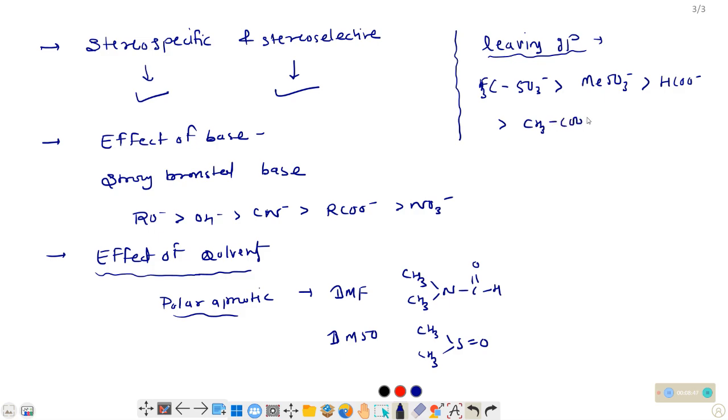This is an acidic type of nucleophile, a phenolic type of nucleophile, OH minus. This is the order of leaving group.